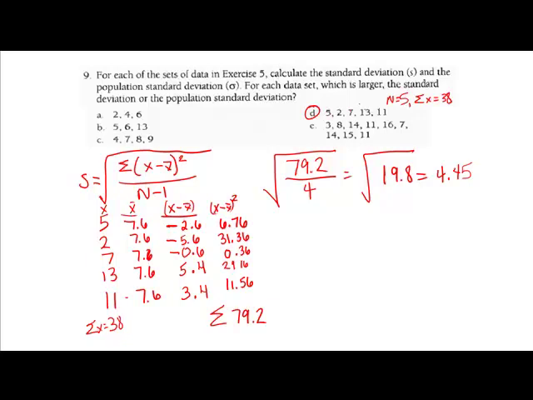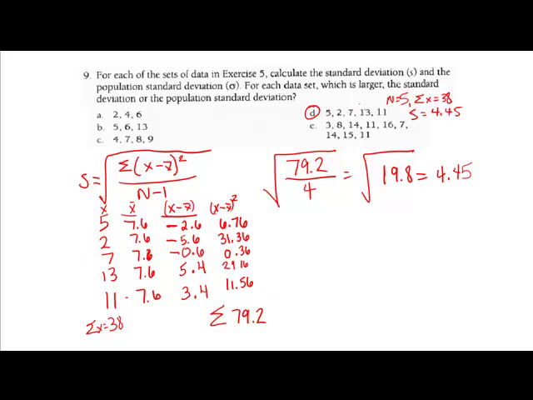So that's my standard deviation. I'm going to grab my textbook here and double check and make sure I got the right answer. So 9D, yep, S equals 4.45. Got it. Sometimes the calculator helps. Okay.